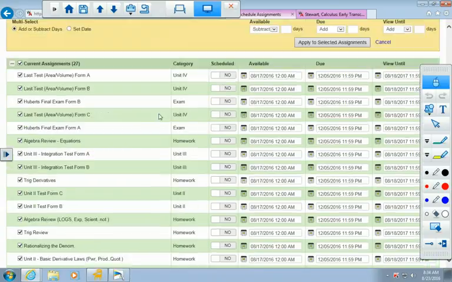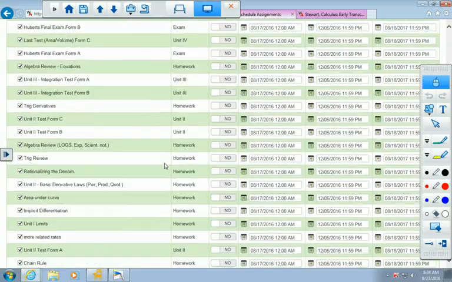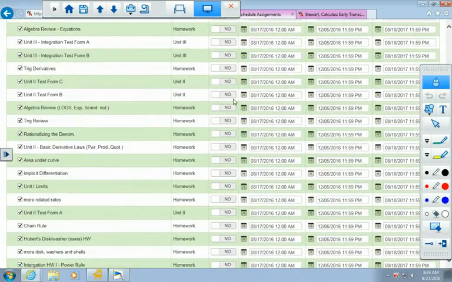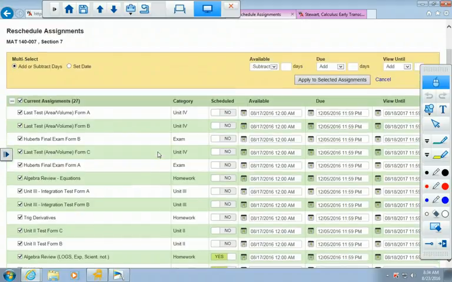Now, where is the algebra review? Algebra review, I'll leave it open. Rationalizing denominator, I'll leave that open. Trig review, I'll leave that open. Where is it? Oh, open that up.